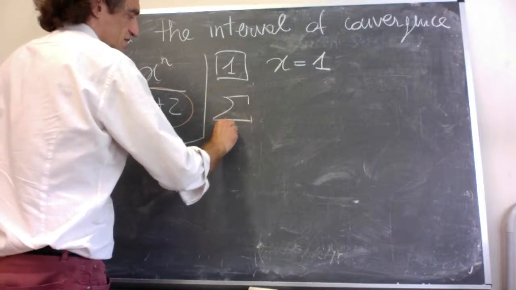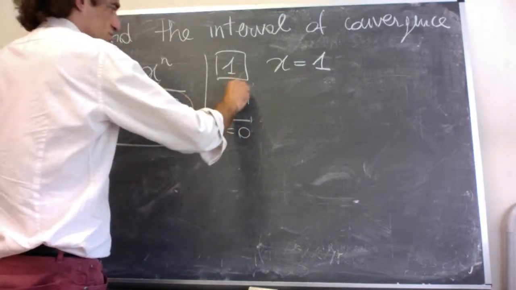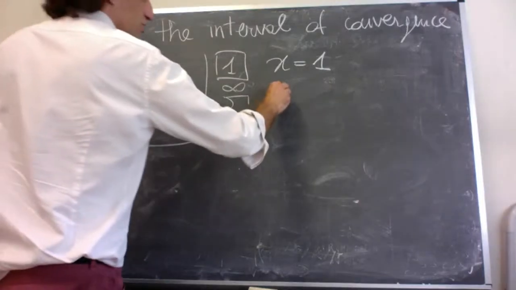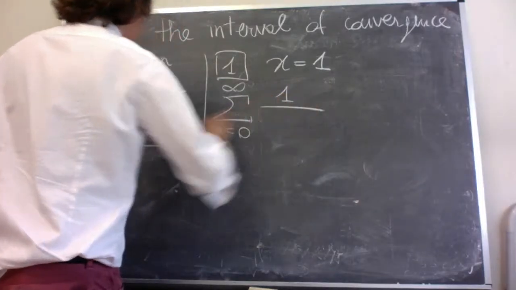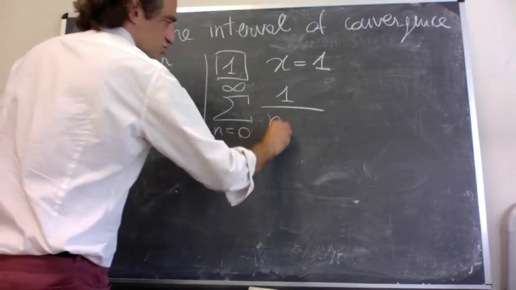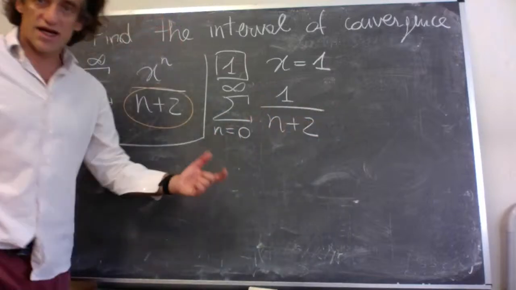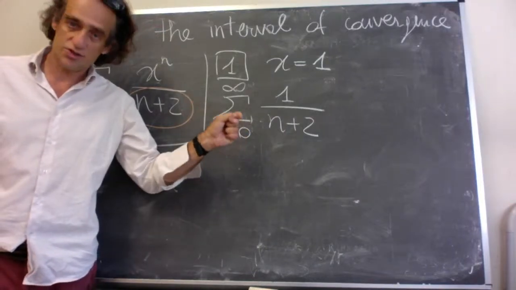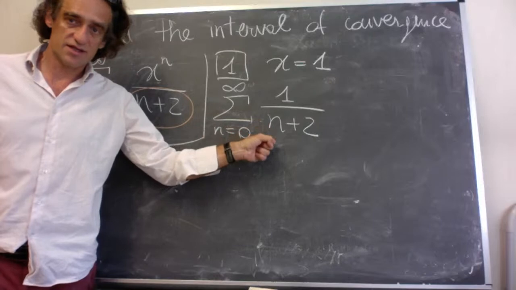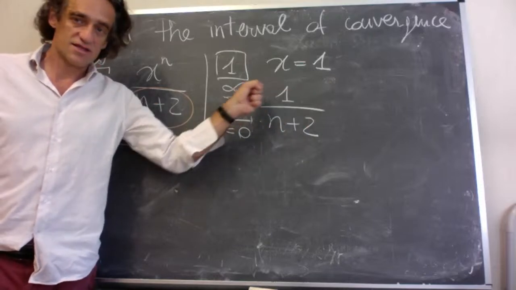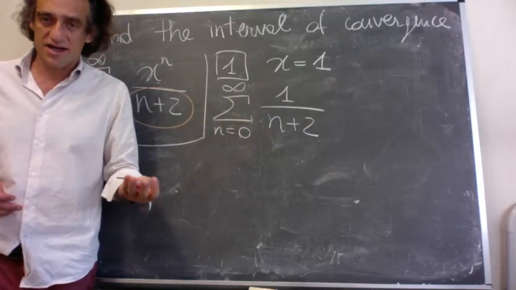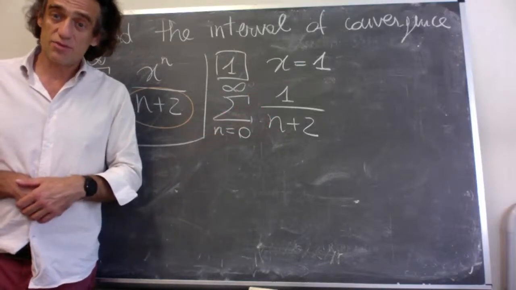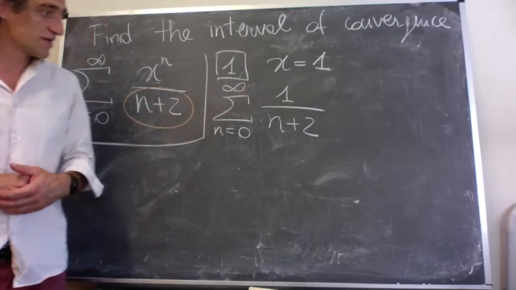Sum for n going from 0 to plus infinity of, instead of x, put here 1, divided by n plus 2. Now we already had exercises on numerical series. So here the result is that this series is exactly like the harmonic series. Indeed, this is nothing but the harmonic series.